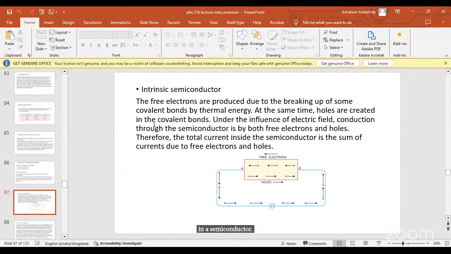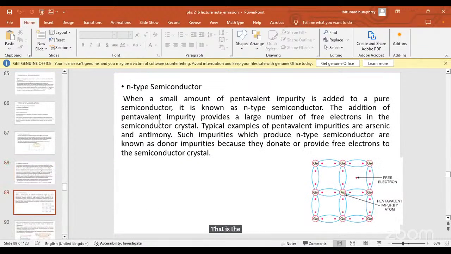However, in a conductor, we have just one current, that is conduction by electrons. But in a semiconductor, we have two currents, conduction by electrons and conduction by holes, to make the total current.